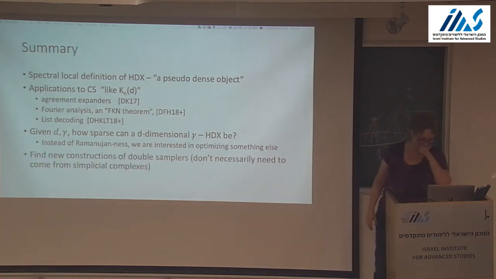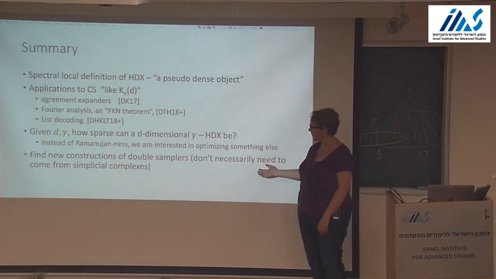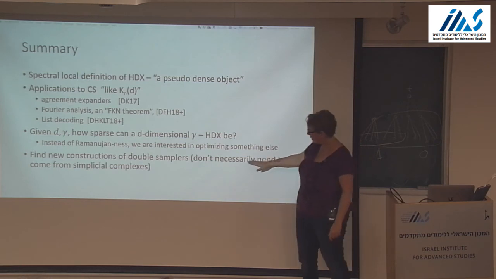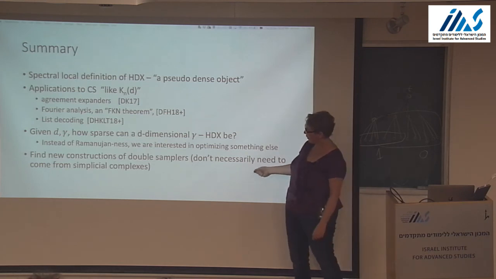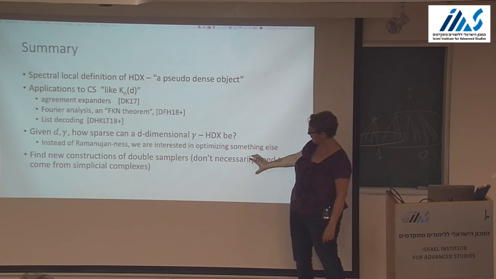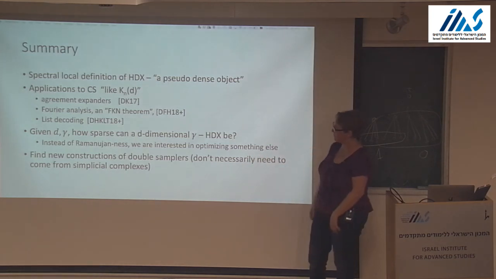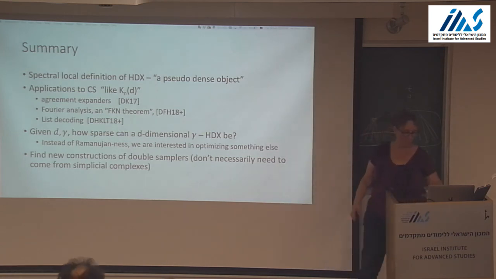And in general, I'm just interested in finding other constructions of double samplers, maybe random ones. It's interesting to point out that this is a broader object in the sense it doesn't have to come from simplicial complexes. Here we're talking about simplicial complexes, but in the Grassmann example, it's not a simplicial complex. So maybe better things can be done. Yeah, okay, so that's it.